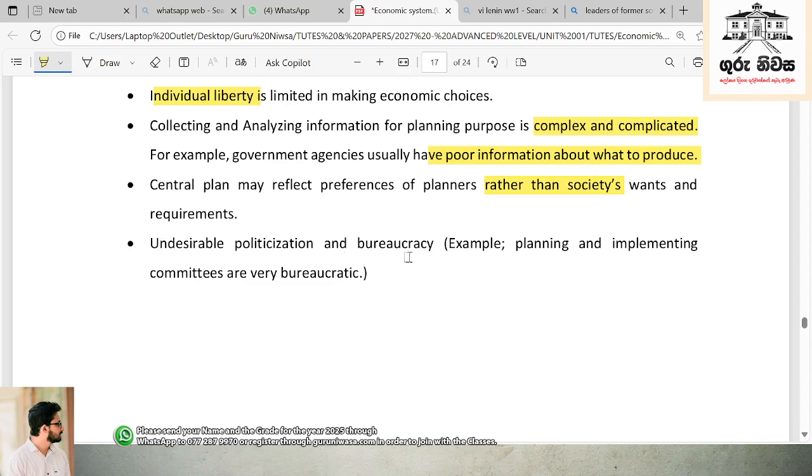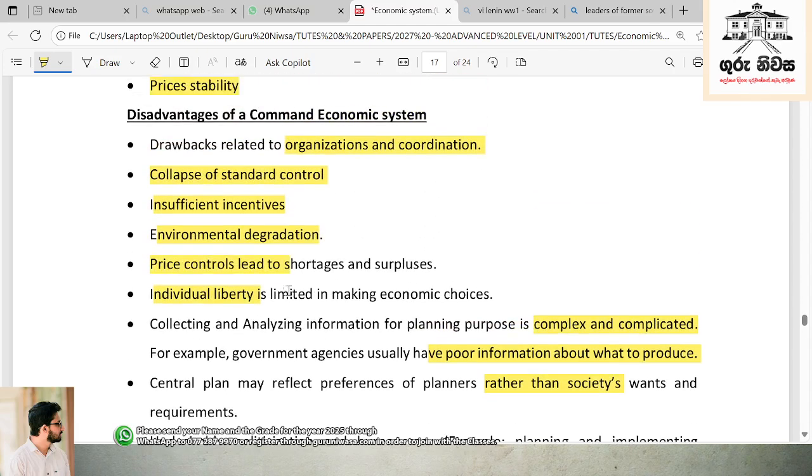These are the disadvantages of the planned system. That's why many countries who were using planned economic systems are in the process of shifting from planned to free market economic system because of this inefficiency.